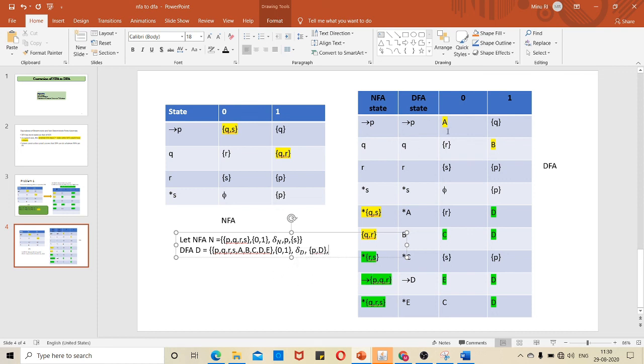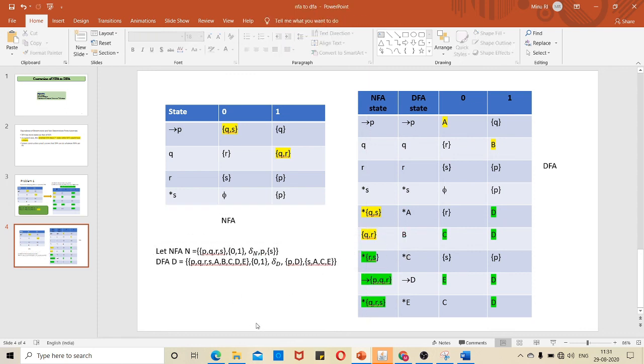And the set of final states is like small s, then I have C and A, C, E. So, A comma C comma E. Okay, this is my DFA notation.